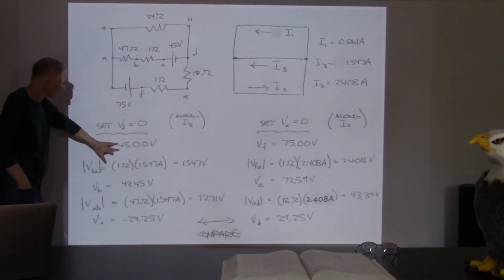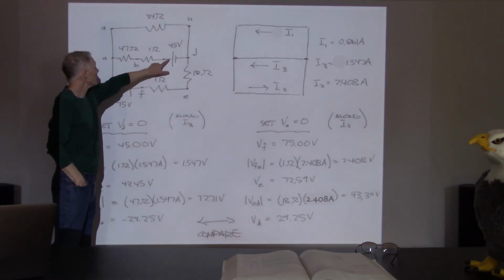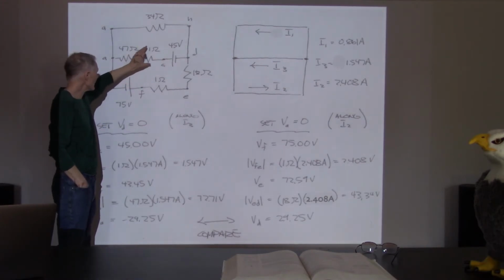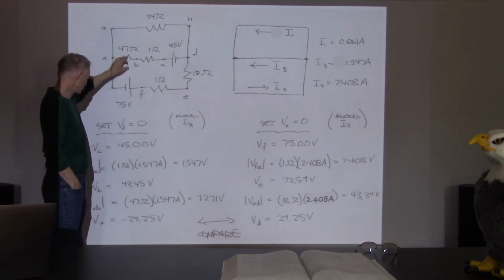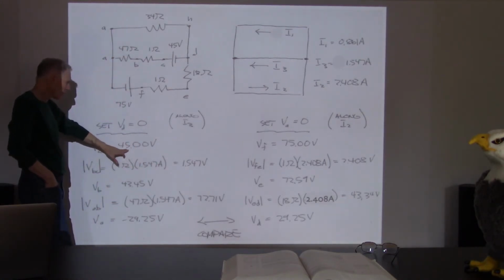Anyway, 45 volt difference. Now, I took each one of the individual resistors and said the current's going this way, so that's going to be a voltage drop, and this will be an additional voltage drop. I was able to calculate how much we're going to drop from that 45.